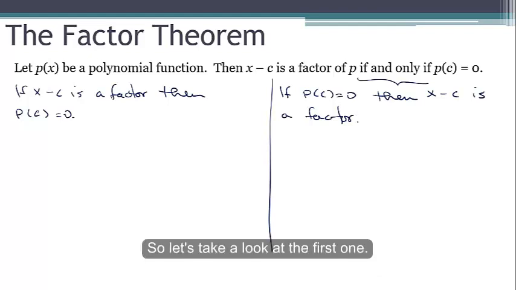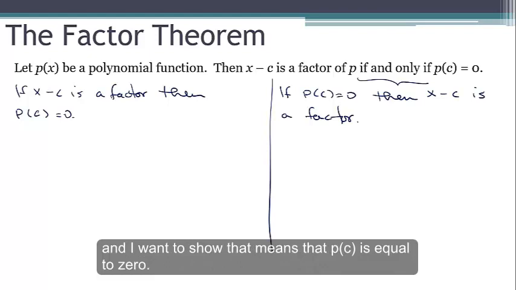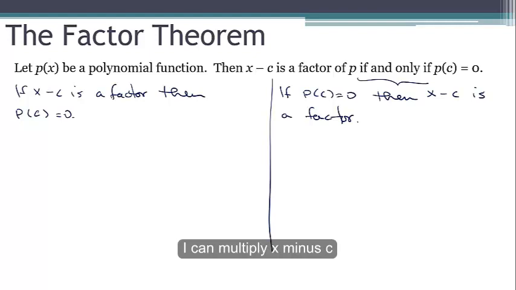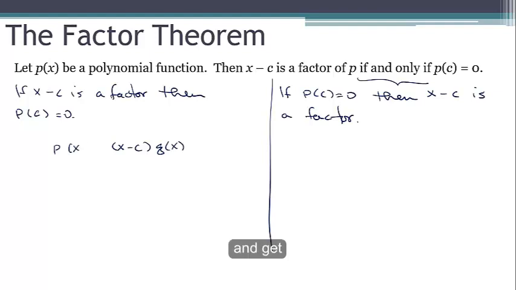So let's take a look at the first one here. I know that x minus c is a factor, and I want to show that that means that p of c is equal to 0. Well, remember what it means to be a factor. That means I can multiply x minus c times some other polynomial and get p.